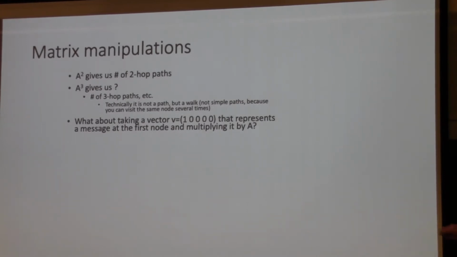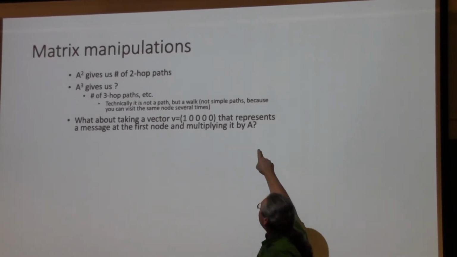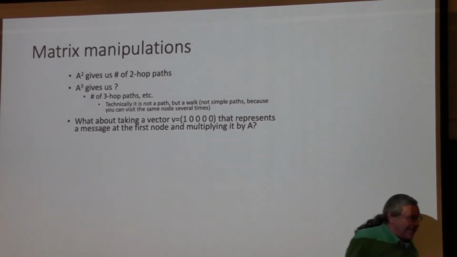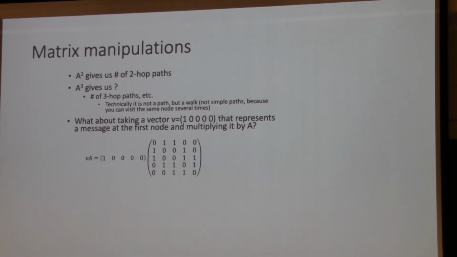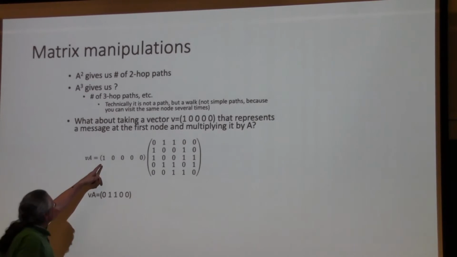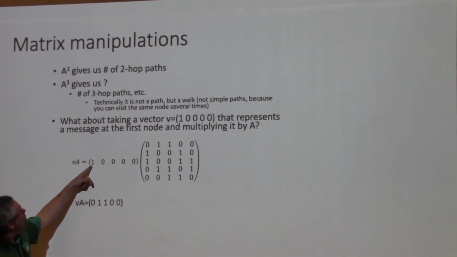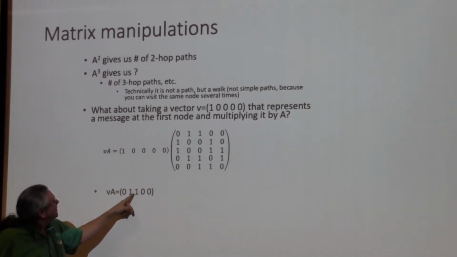So what if you take a vector now, 1, 0, 0, 0, 0, and you multiply by A? What does that mean? Well, it means if I start here at 1, then I will be going to either of these two here.